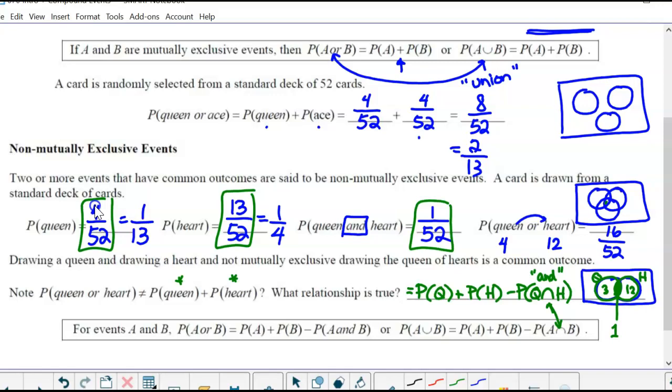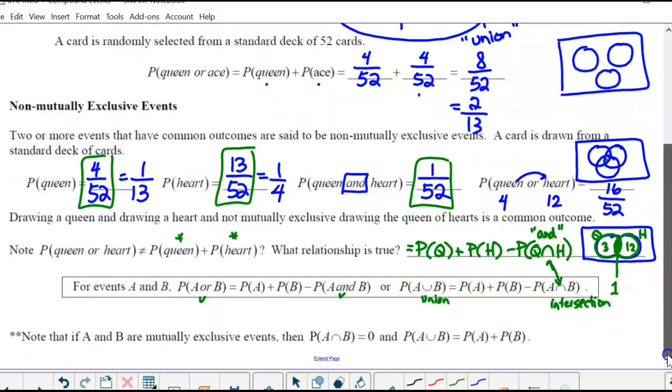So here it is with words: to find or, use or, and the symbols union and intersection. Now, really, you can use this last formula for mutually exclusive as well, because if A and B are mutually exclusive, then the intersection of them will be 0.